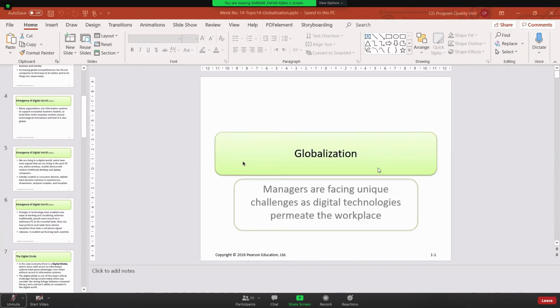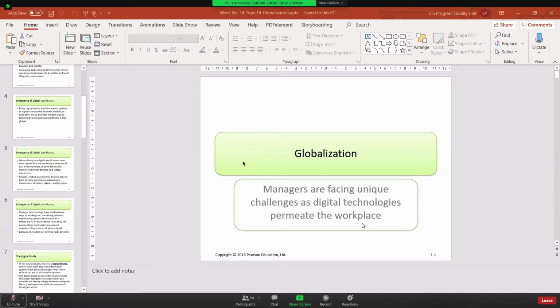Okay, so what is globalization? Managers are facing unique challenges as digital technologies permeate the workplace. Now, digital technology has really changed the nature of the business. The modern infrastructure has adopted the new technologies, and it also imposes new challenges, and one of them is also globalization.